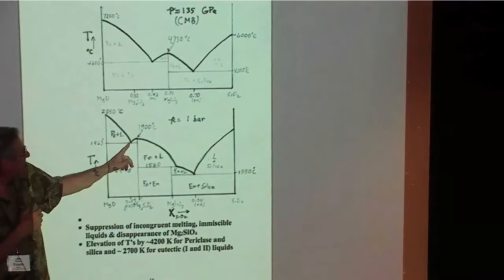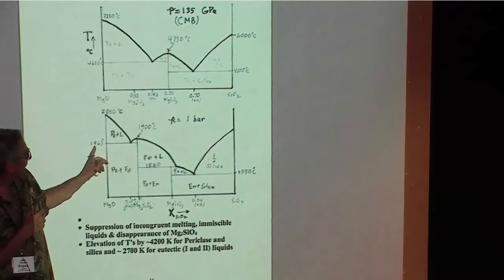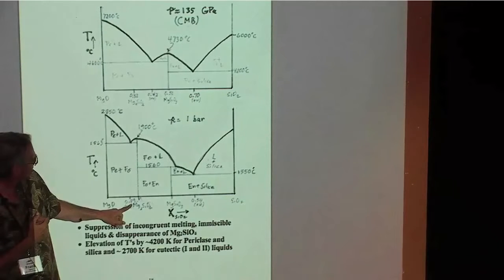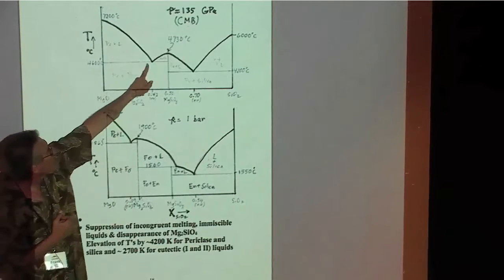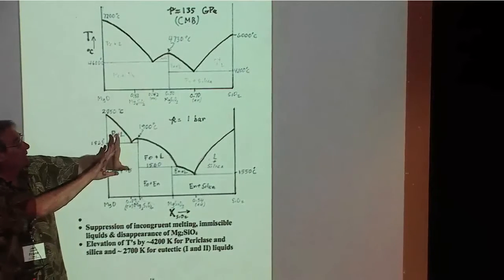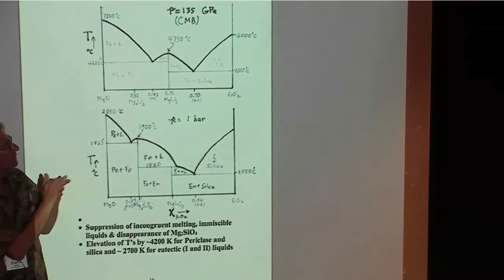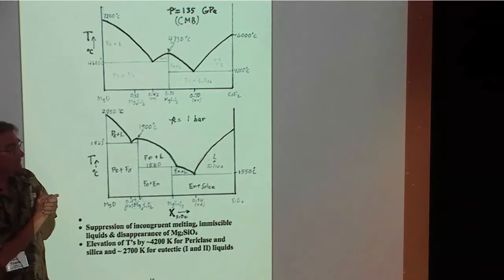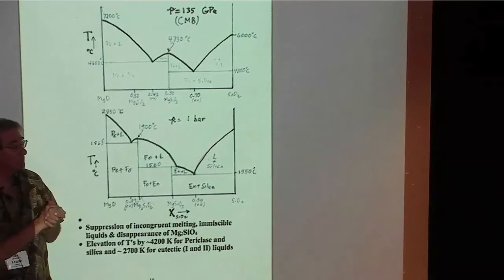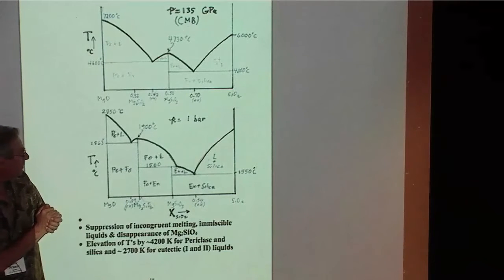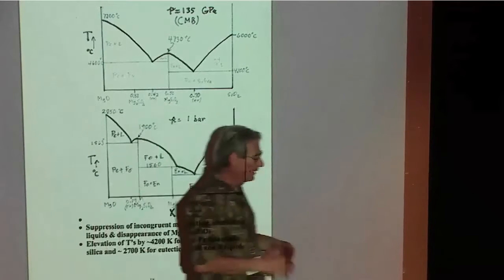This eutectic, which is 1863, and it's point something here, I can't even read it, is shifted also to higher silica composition. So that's kind of interesting. These eutectic liquids shift, go to higher silica content. Silica is going to reduce the density of the liquid relative to MgO and iron. So you see that shift.